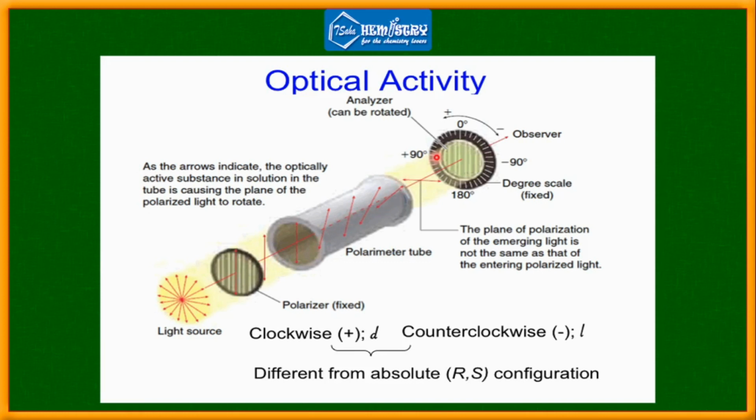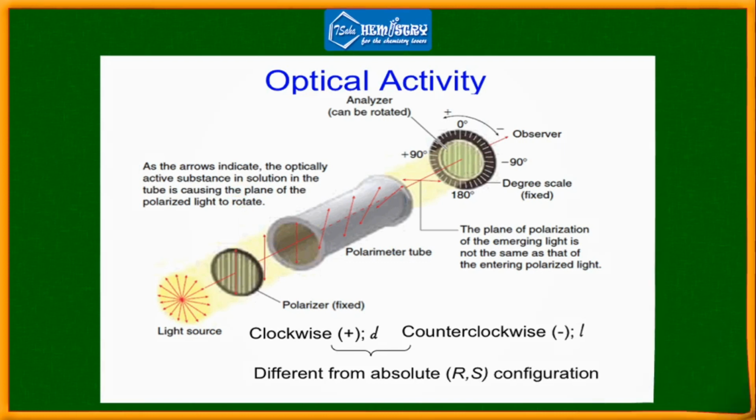It can rotate either to your right hand side or to your left hand side. If it rotates to your right hand side, then the compound is known as dextro, and if it rotates towards your left hand side, then the compound is known as levo. Clockwise rotation, as it is written over here, will give you dextro, and anti-clockwise or counterclockwise rotation will give you a levo compound.